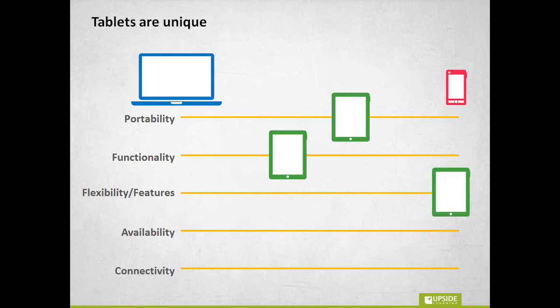In terms of flexibility and features, the various affordances that a tablet may have, a camera, accelerometer, etc., and the various sensors that come into mobile devices these days, tablets are exactly the same as smartphones. They pretty much have all of those features available. It's just that sometimes we don't wish to use them.